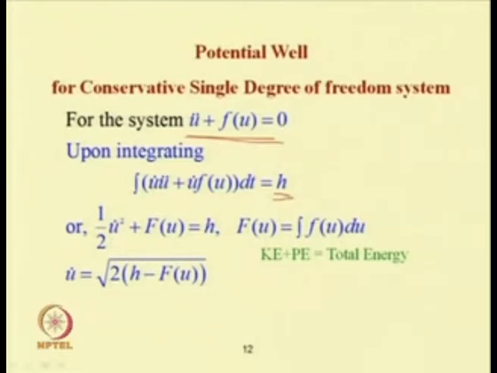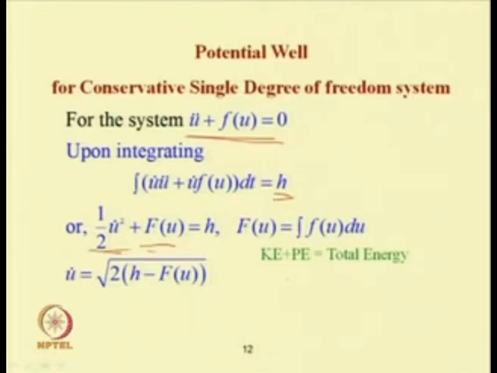From this, half u dot square plus F(u) equals h. Half u dot square is the kinetic energy and F(u) is the potential energy.